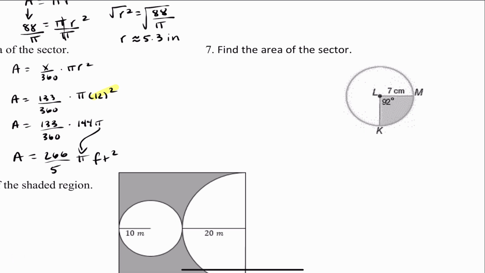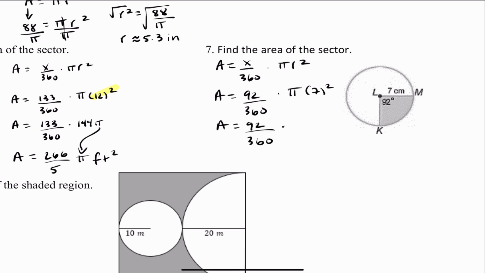Number 7, it's the same idea. You're going to find the area of this section here. So sector area formula, again, A equals x over 360 times pi r squared. A is equal to the shaded region over 360 times pi 7 squared. Then we're going to simplify that. You get something like this.